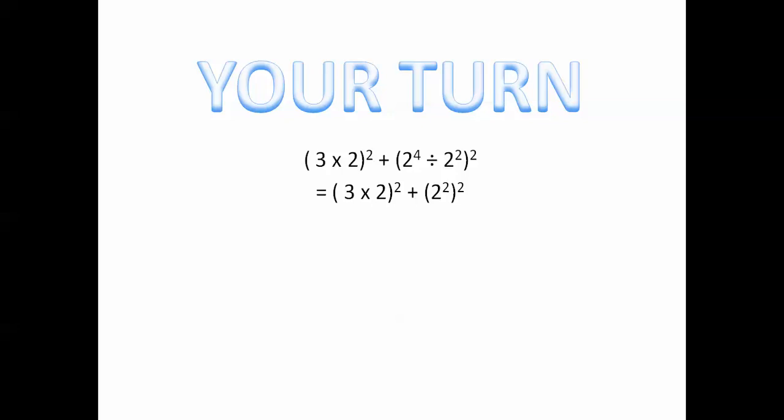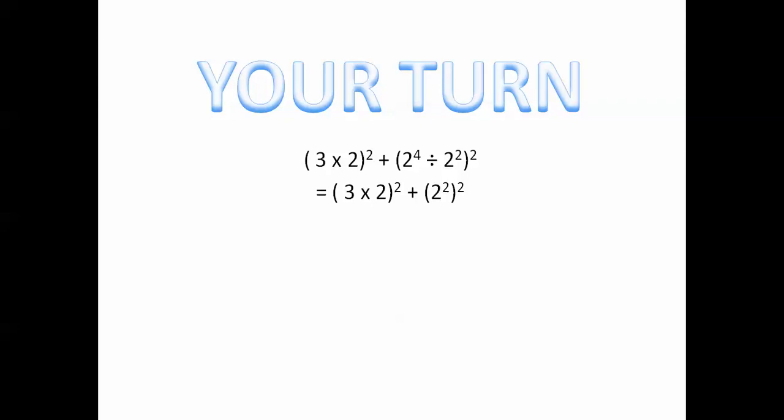I'll show you what to do in the next step. So, 2 to the 4 divided by 2 to the power of 2. We know that if we have the same base, we just subtract the exponents, which gives us 4 minus 2, which equals 2. So now we have 3 times 2 squared plus 2 squared to the power of 2.